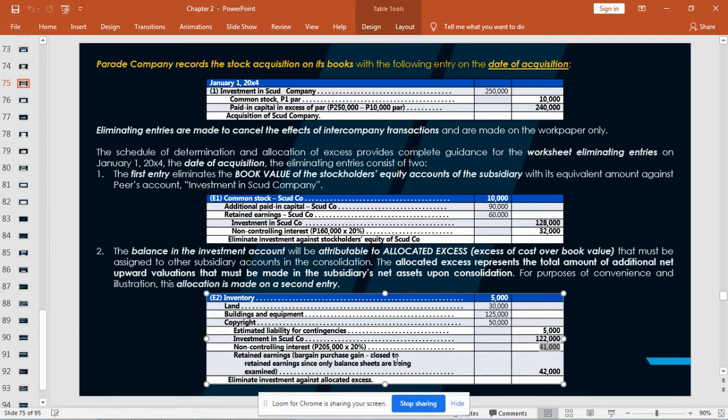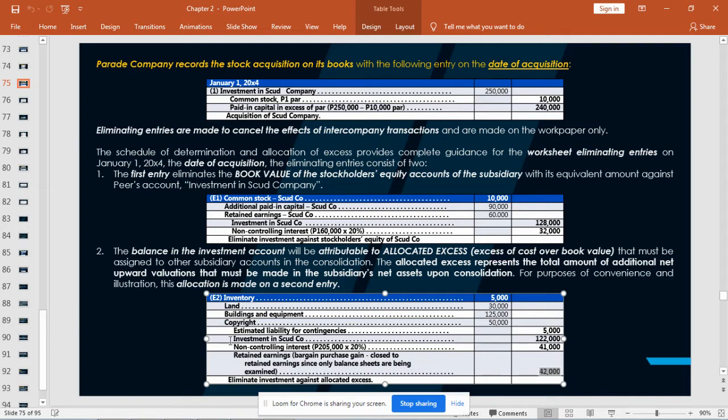Okay, so close to retained earnings since only balance sheets are being examined. Right? So, kung meron tayong mga P&L items that will be discussed on a later chapter, this will be another P&L item. Okay? Yan. So, ito yung ating second entry.